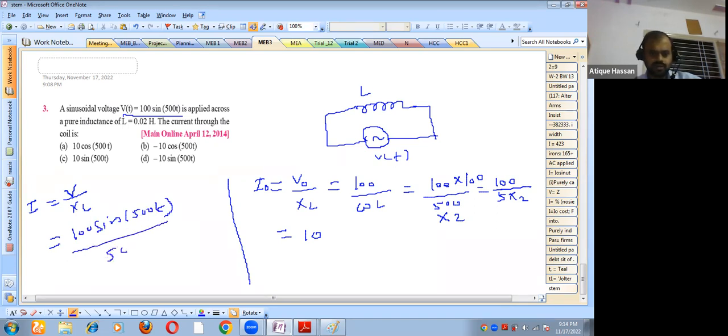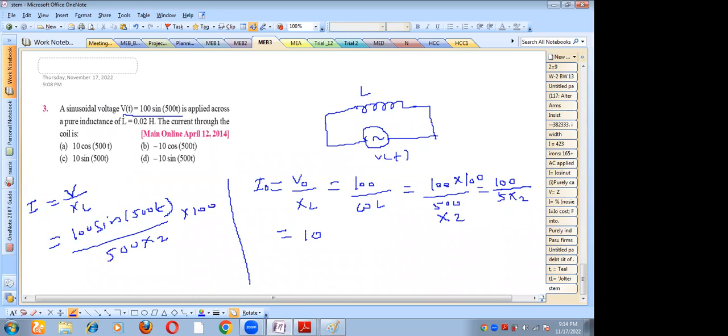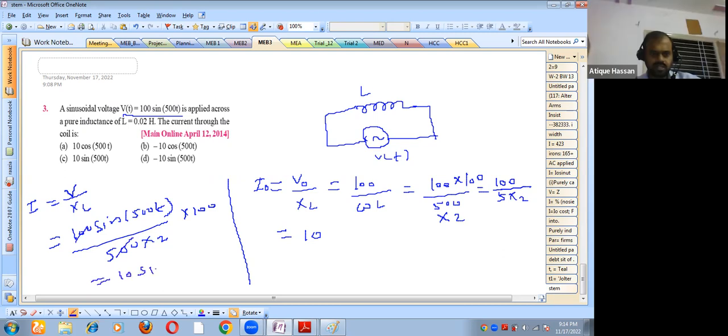XL we got as 500 into 2 into 100. So 100 and 100 will be cancelled out, and we get 10 sine 500t. Understood? So C should be the answer. Got my point?